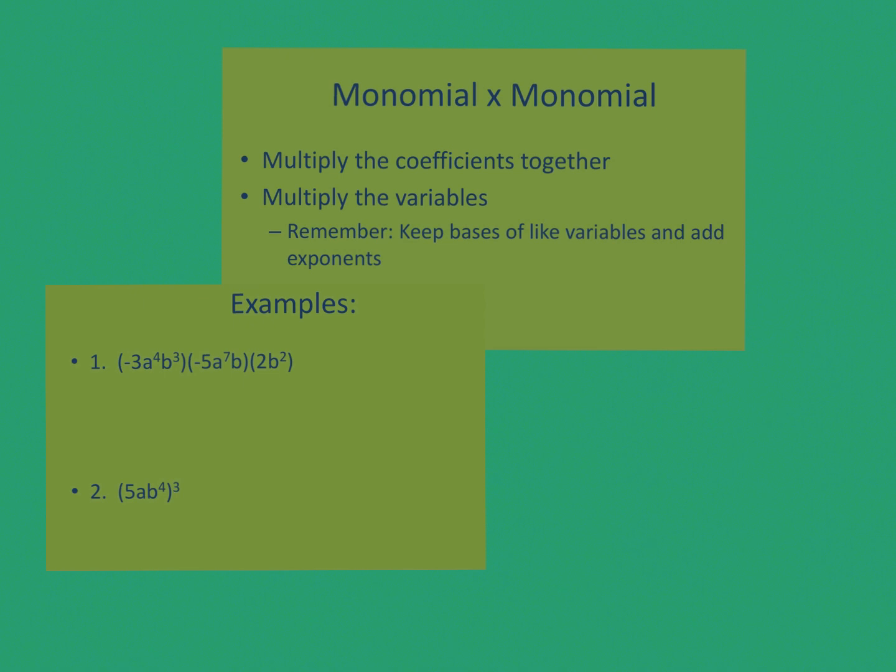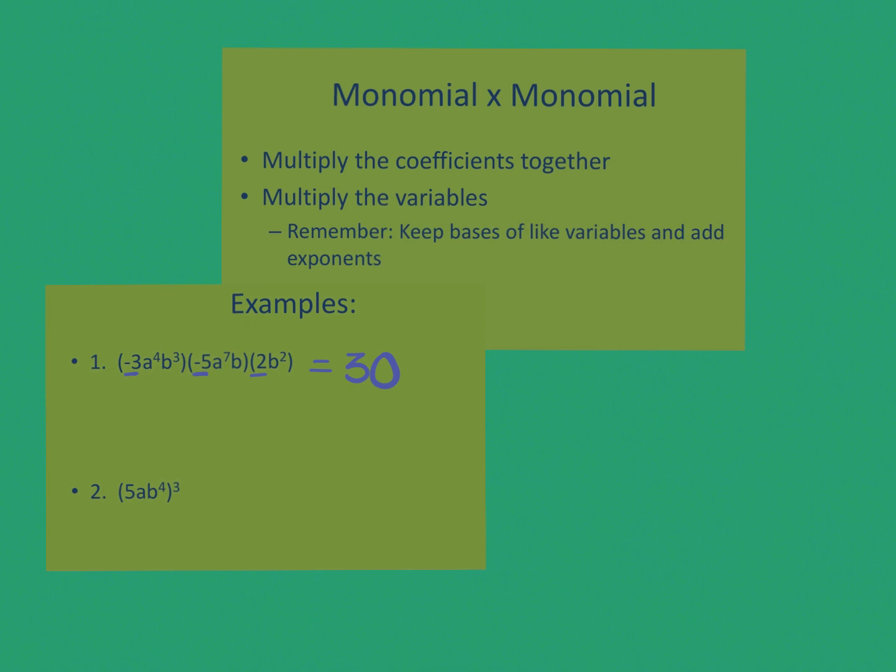The first one is negative 3a to the fourth b to the third times negative 5a to the seventh b times 2b squared. Those are three different monomials. My first step is to multiply the coefficients together: negative 3 times negative 5 is positive 15, times 2 gives us 30.